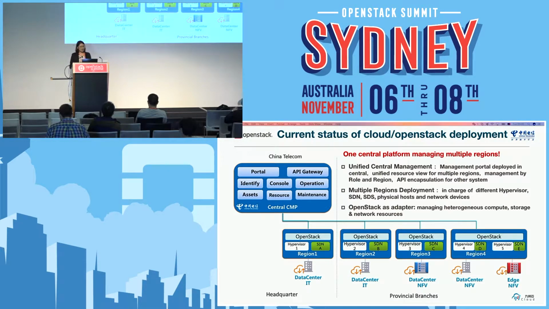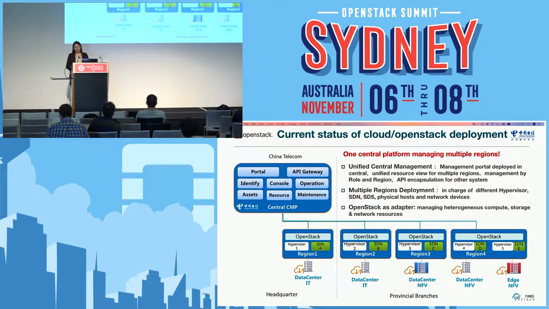As a major cloud service provider in China, China Telecom has deployed many large-scale cloud resource pools in its data centers around China. All these resource pools are managed by a centralized, unified cloud management platform. This platform uses OpenStack as an adapter to manage all those heterogeneous compute, storage, and network resources.